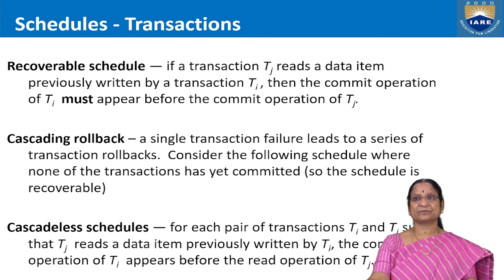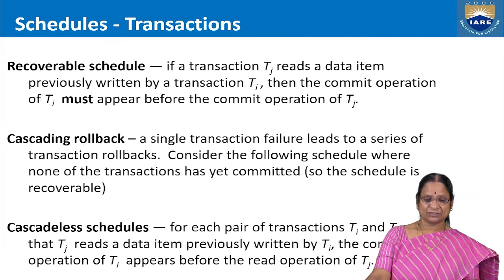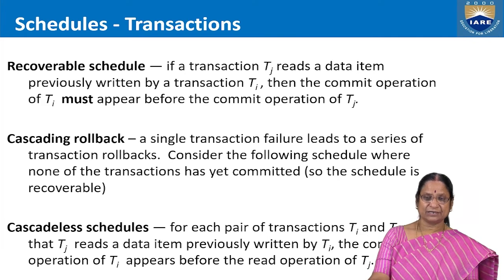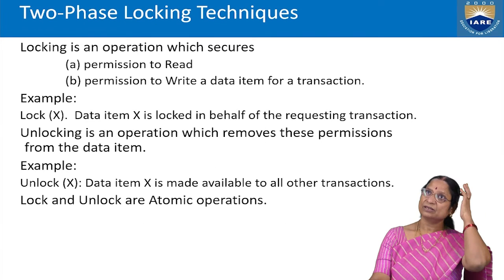Cascadeless schedule means, for each pair of transactions Ti, Tj such that Tj reads a data item previously written by Ti, the commit operation of Ti appears before the commit operation of Tj, so that there are no cascading rollbacks.